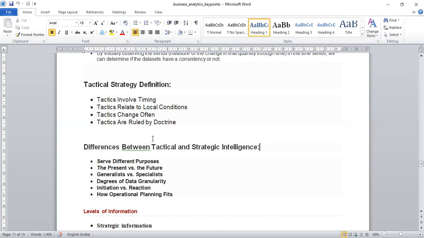That is how you have to draw out tactics. So tactics involve time, situations, local conditions. Tactics change often. Tactics are ruled by doctrine.